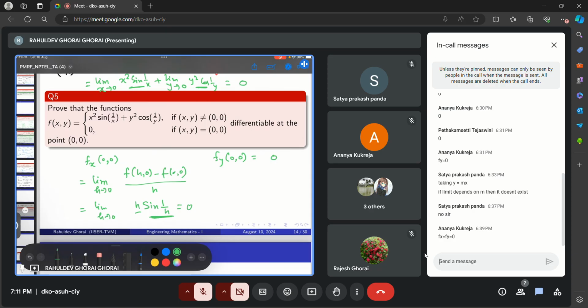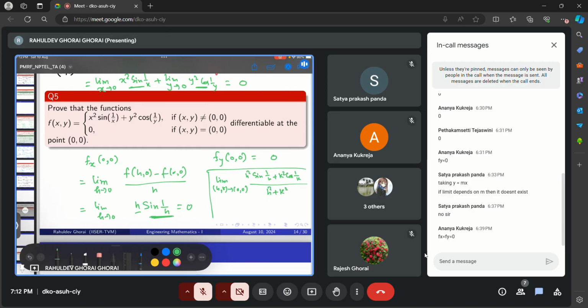So now for the differentiability, what do we have to check? Limit as (h,k) tending to (0,0) of f of (h,k), which is h square sine 1 by h plus k square cos 1 by k, minus f of (0,0), which is 0, minus h times fx at (0,0), that is 0, minus k times fy at (0,0), that is also 0, over square root of h square plus k square.